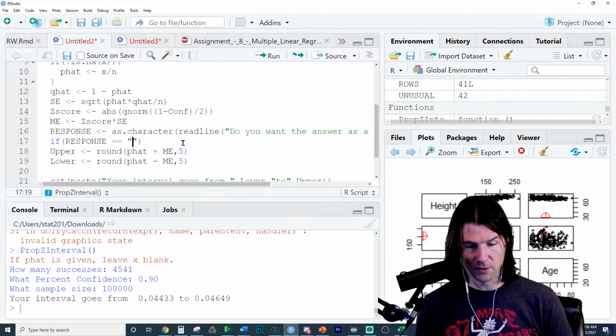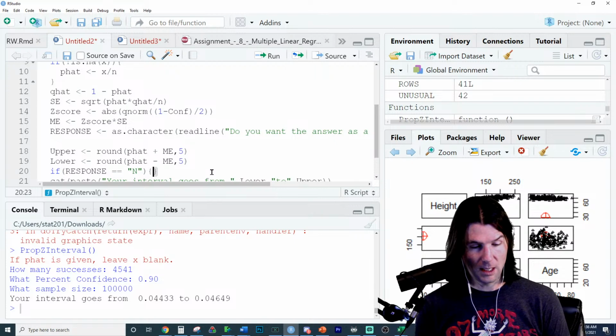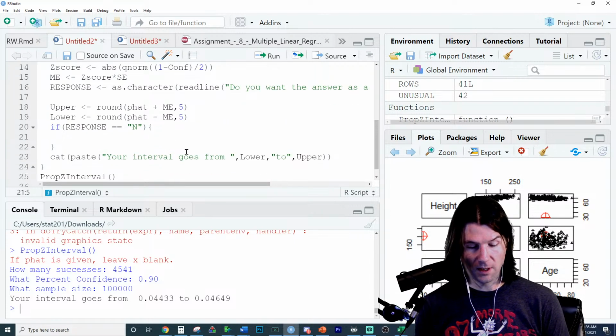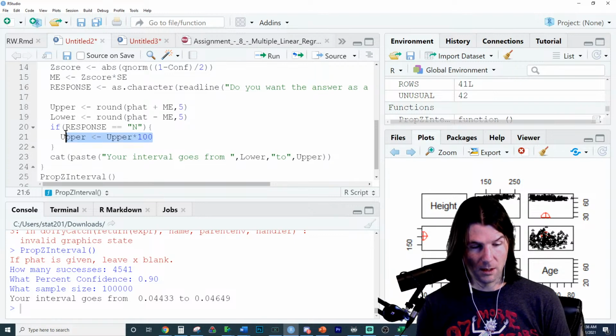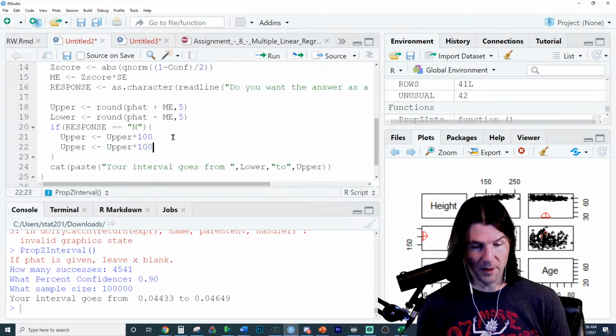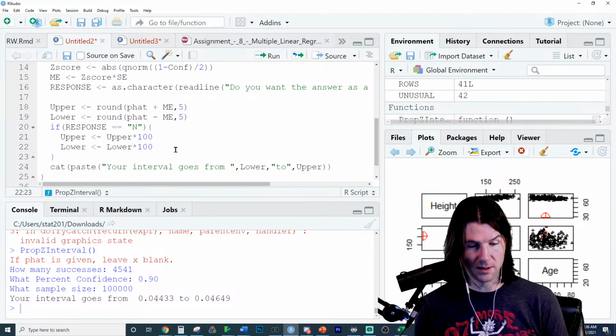If response equals no, because then they don't want it as a decimal, then run inside of here. Upper will be stored as upper times 100, and lower the same. I don't know why I'm copy pasting this. Lower. Okay, good. We'll multiply it by 100.